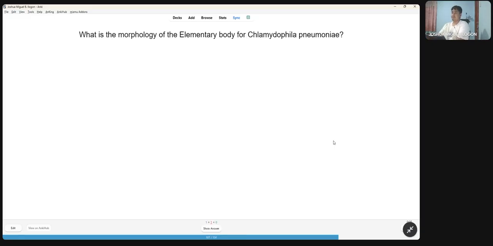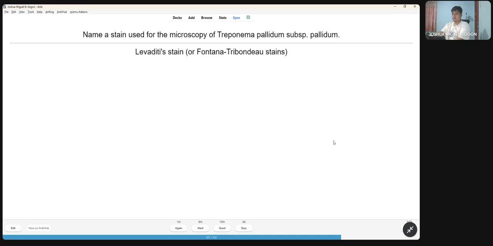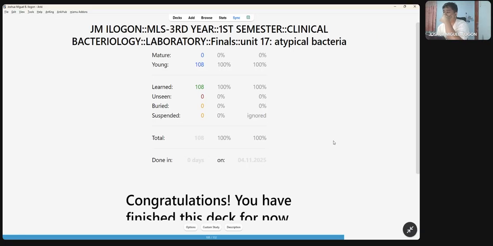Morphology with elementary body of pneumonia is your pear shape. Levaditi stain, Fontana-Tribondeau.